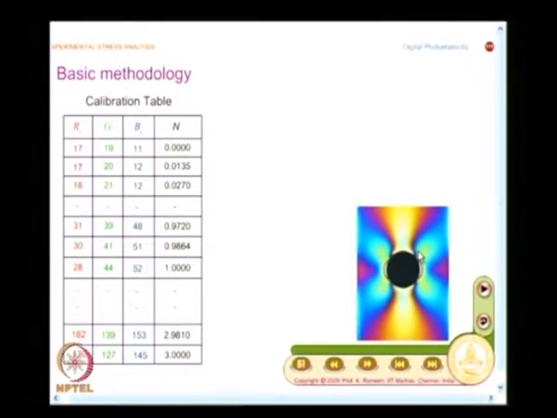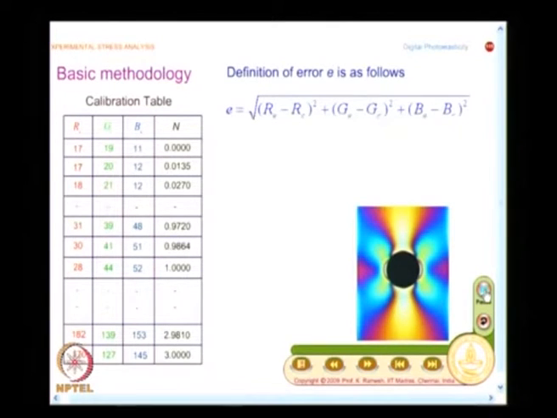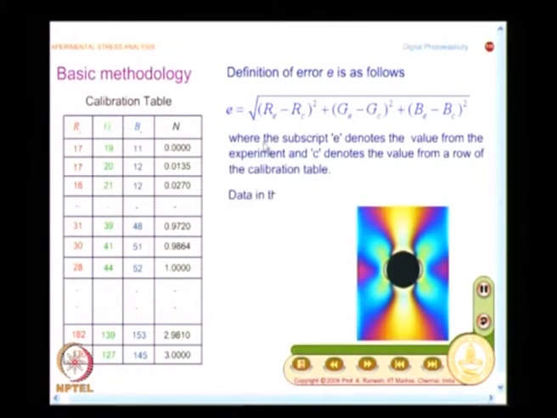So, basically we are going to look at, suppose I want to find out what is the fringe order in this, we all know from the color code it is about 1, and how do I implement it in the methodology. Many researchers have contributed to this, and what you do is you write a basic equation wherein you define error as the difference of the R value of the experimental image at the point of interest and the R value of the calibration table.